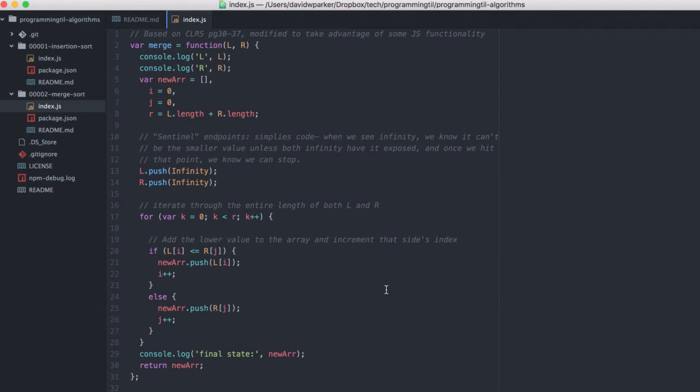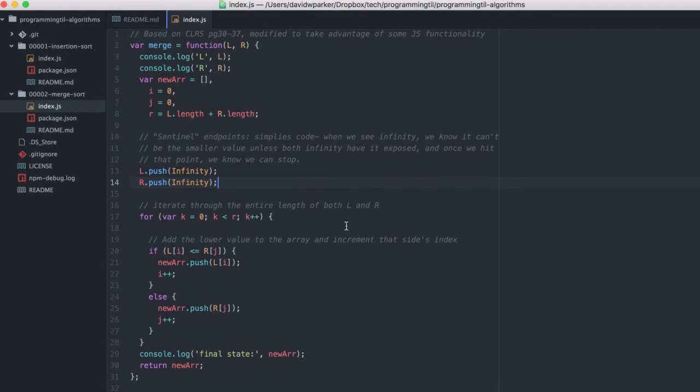So merge is where the magic happens. We're going to have a new final array here. And what we do here is push infinity onto the end of each of the subarrays, left and right. CLRS says that this is a great way to simplify the code.